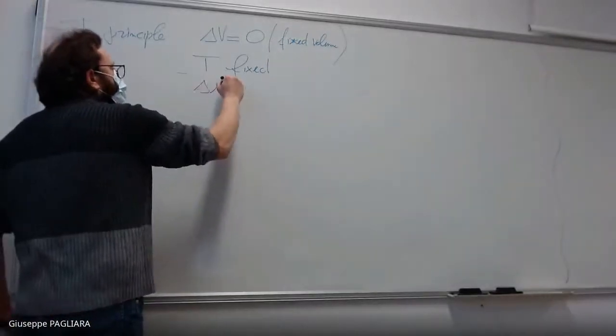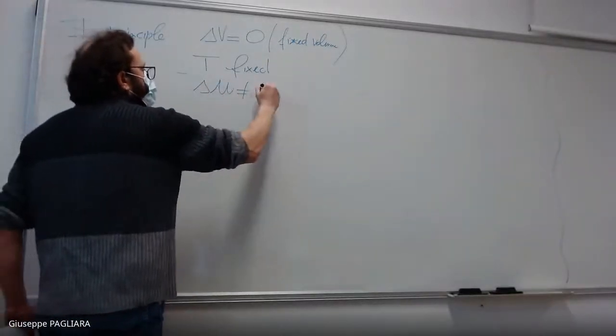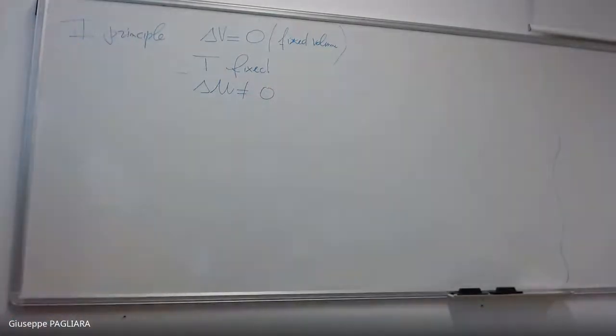But delta U can be different from 0. This is the typical situation in which we have our system in contact with a heat reservoir.